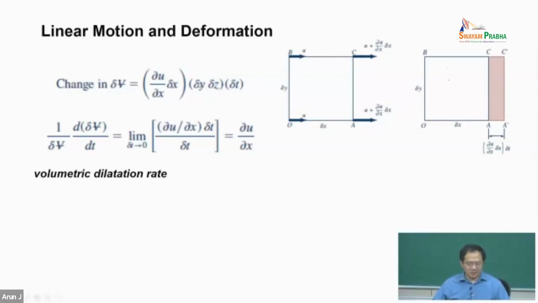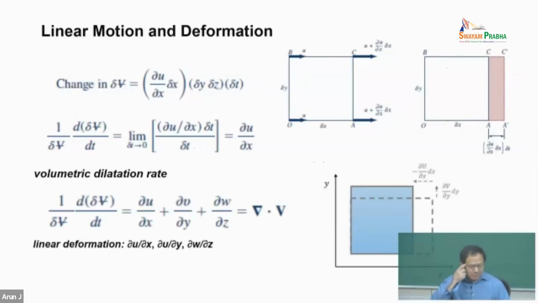If your particle has just one-dimensional motion, then as time goes on, the volume change is du/dx times delta x times delta t. This is the volume change rate, and this is just one dimension.